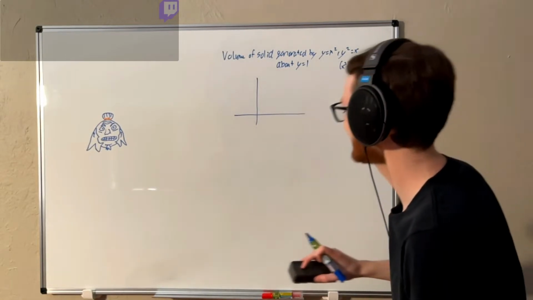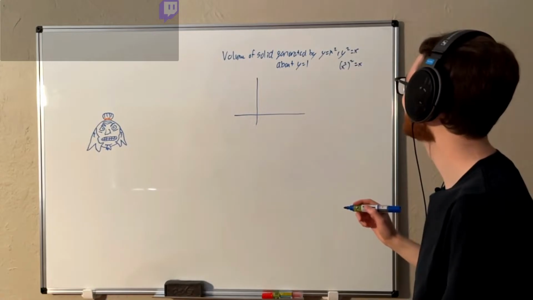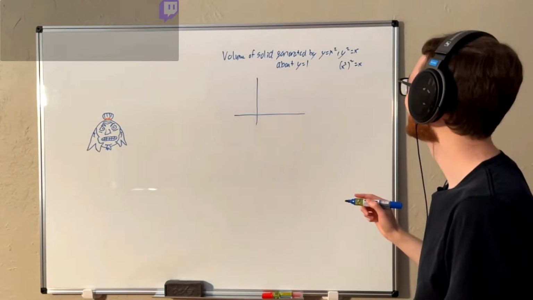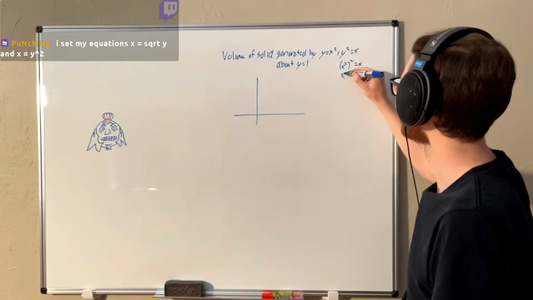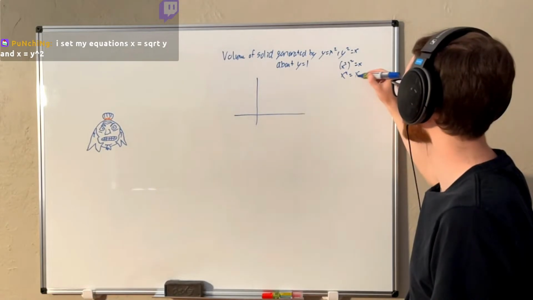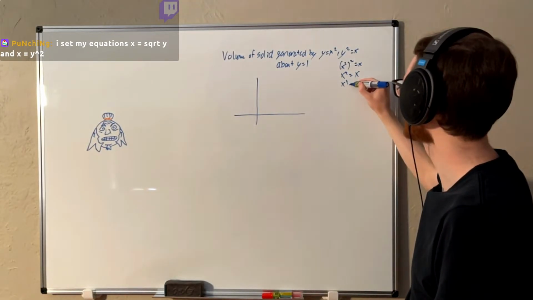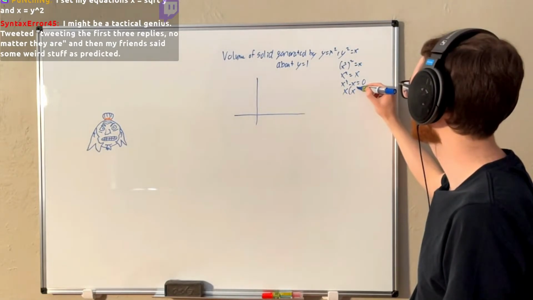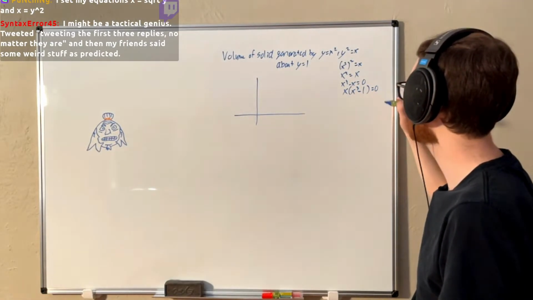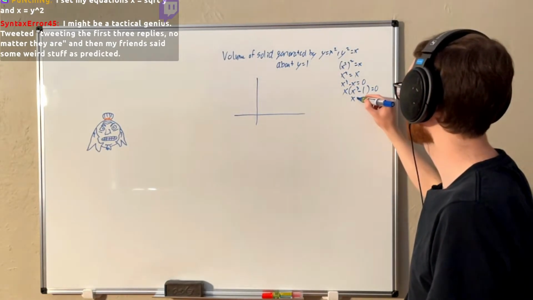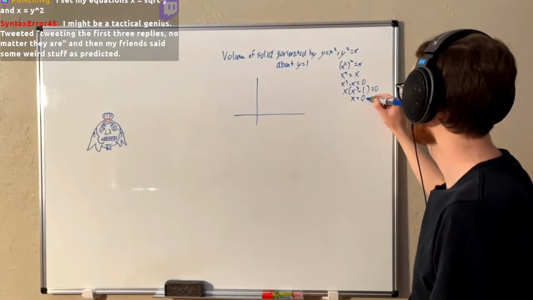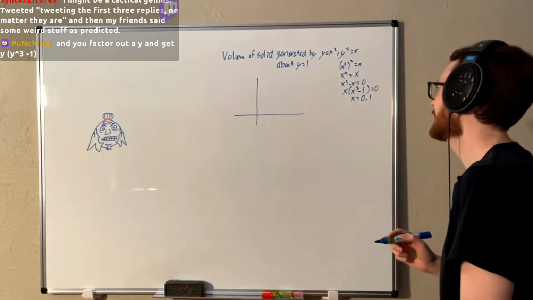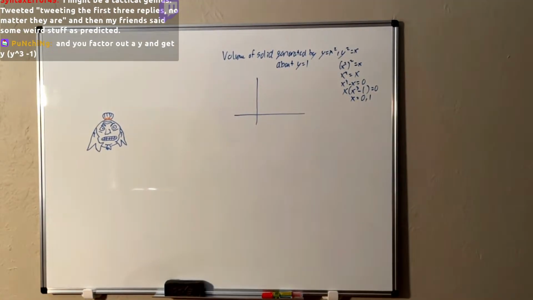I guess it does make sense. x to the fourth equals x. So x to the fourth minus x equals 0. Factor out the x, we get x times (x cubed minus 1) equals 0. So x equals 0 and 1. That's where they intersect. I was getting weirded out because we had a power to the 4, but it's okay.